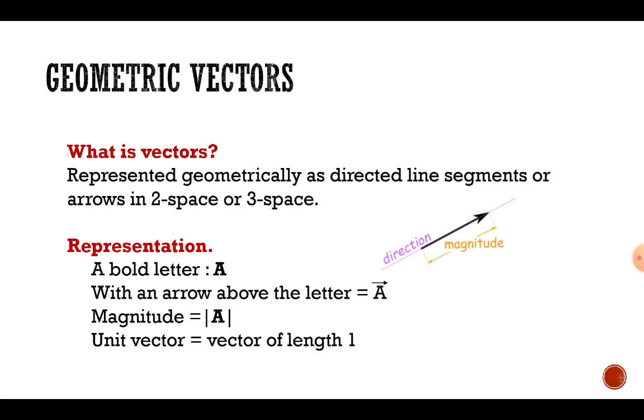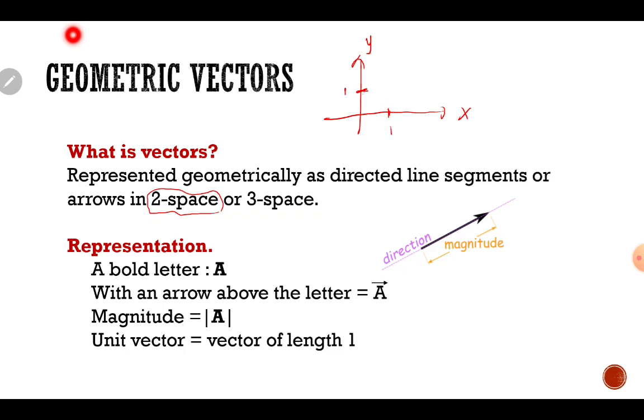Okay, dia ada dia punya coordinate as directed line segments or arrows in two space or three space. Okay, two space ni maksudnya yang biasa kita guna where we have x and y, two-dimensional, and the coordinate system kalau biasa kita buat, kita dah guna pun.